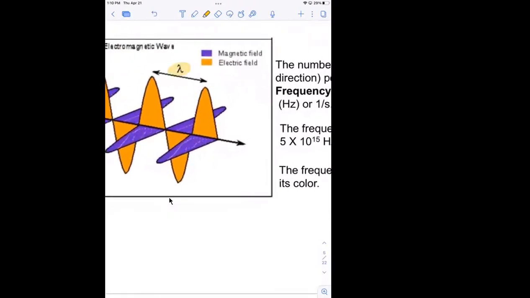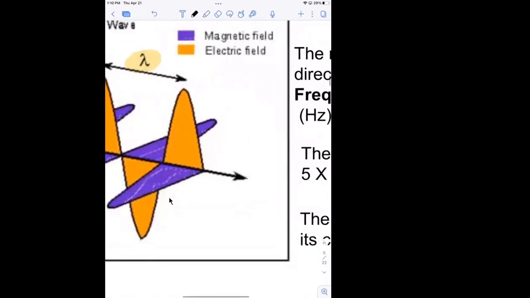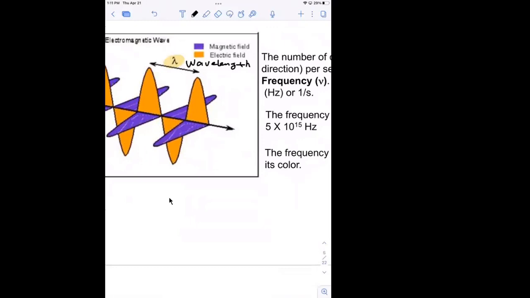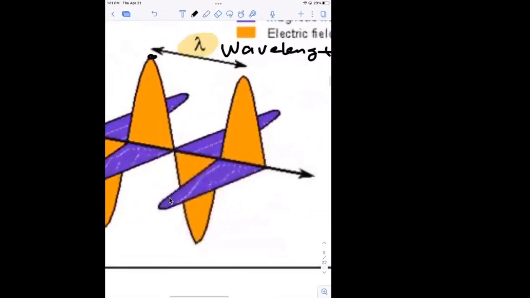That's this symbol, lambda. That's the wavelength of the light. And if you've taken physics already in high school, I'm sure you studied waves. The wavelength is just the distance between, if we have the peak on this point and this point on the wave, because you can see that the wave is oscillating, the wavelength is just the distance between those two points.